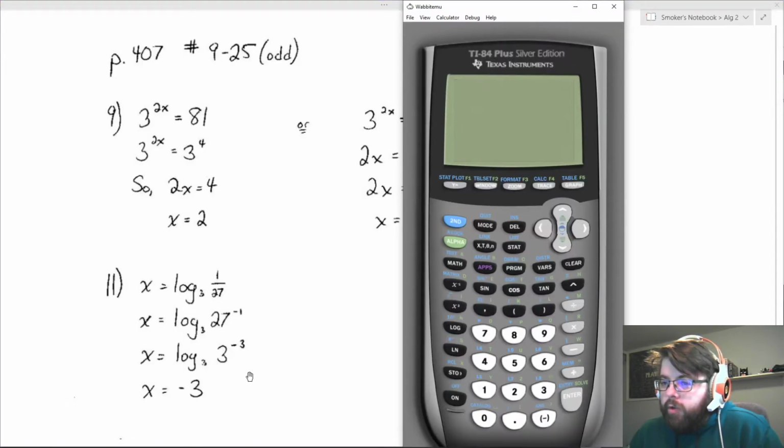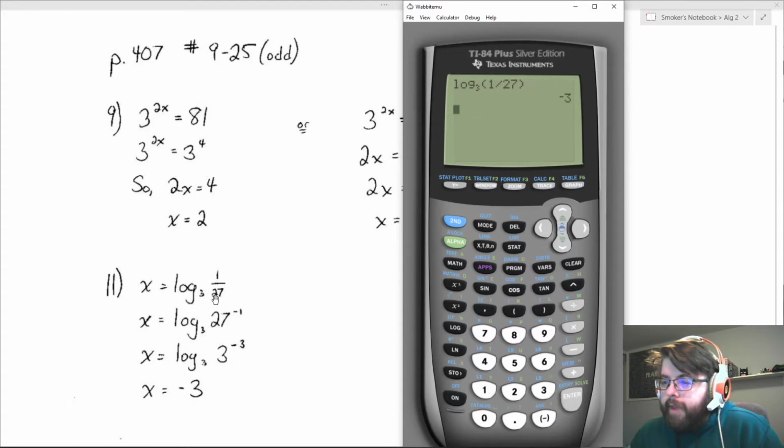I would say don't do it the way I did it here. Instead, do log base 3 of 1 over 27, and that's straightforward. Again, I didn't redo these. There we go. Negative 3.